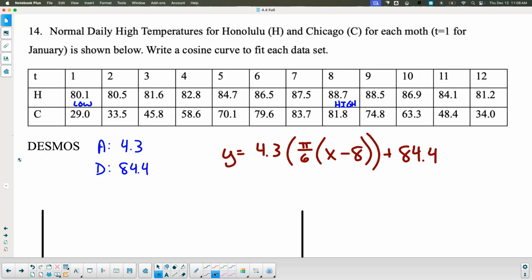Chicago, I got a high. We'll do Chicago in pink. Was that cosine or sine? Oops, I forgot that whole thing, didn't I? You should probably put in cosine there.